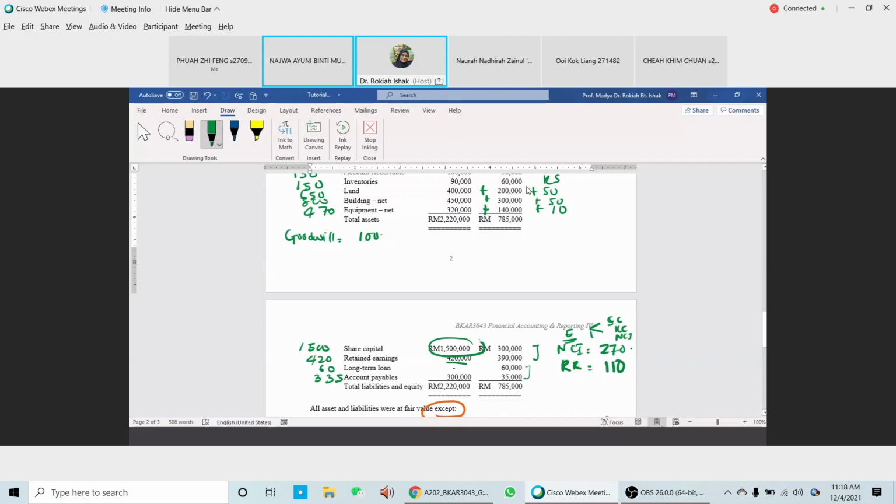At the end, make sure that your total assets, how much is your total assets? 2585. And then it should be equal to your total liabilities also, which should be 2585. Okay. So any questions that you have here? Any of you have a different answer?